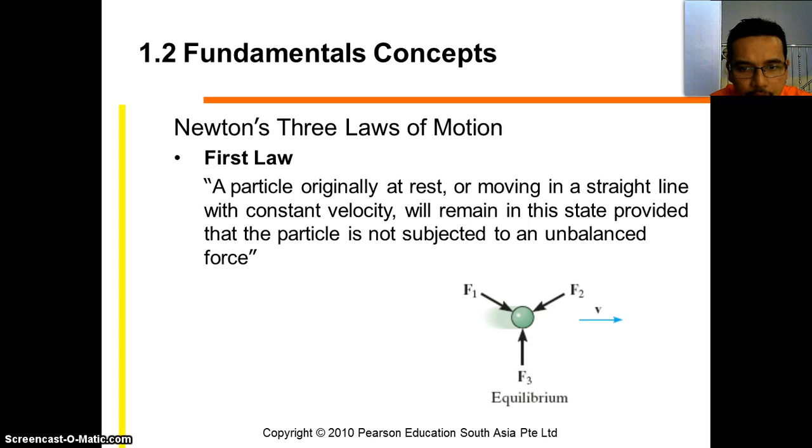So when we apply a force, for example we apply a brake or whatever, we pull or push the object, the velocity will not be constant. Generally, if the particle is subjected to an unbalanced force, the concept will change.